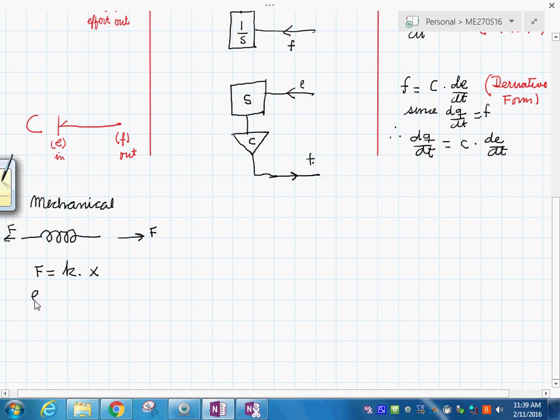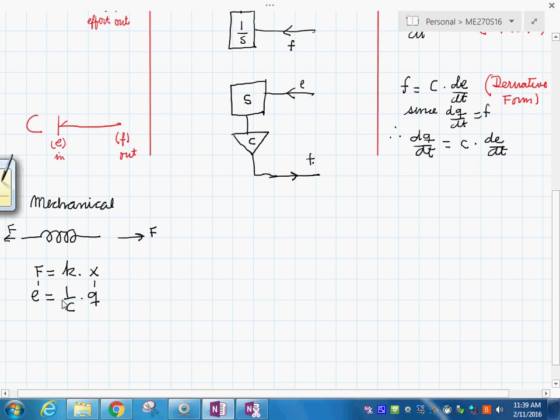So that is in the mechanical domain. I believe that the second one that we were doing is to draw it in the electrical domain. Okay.